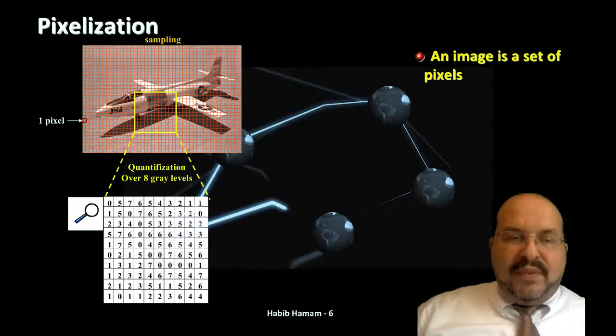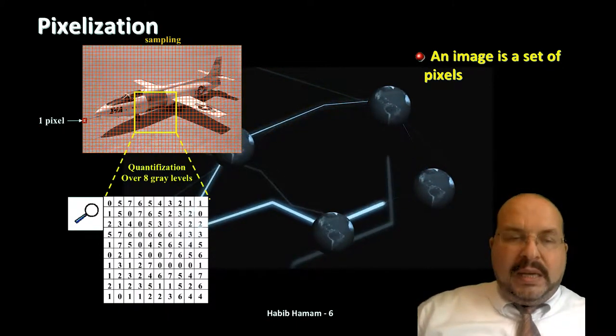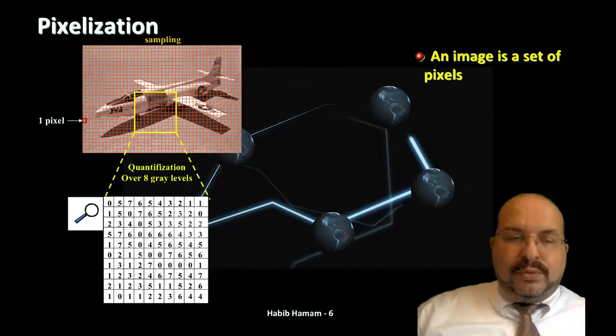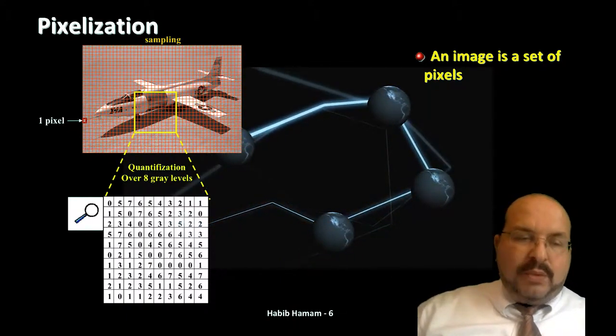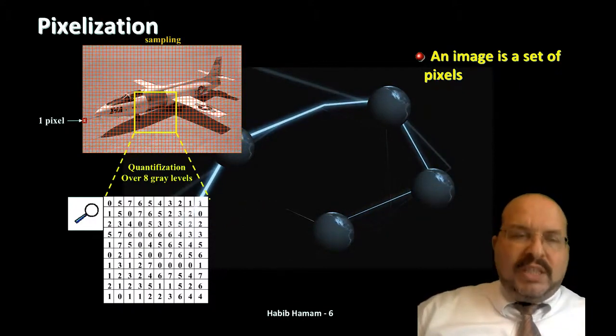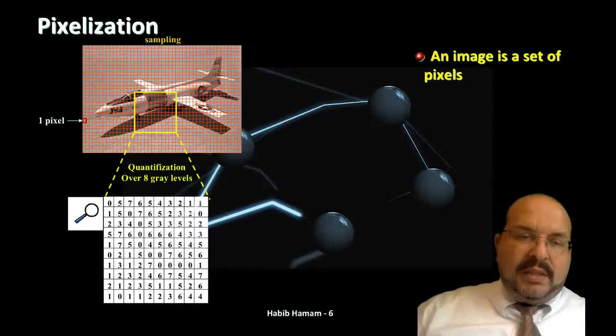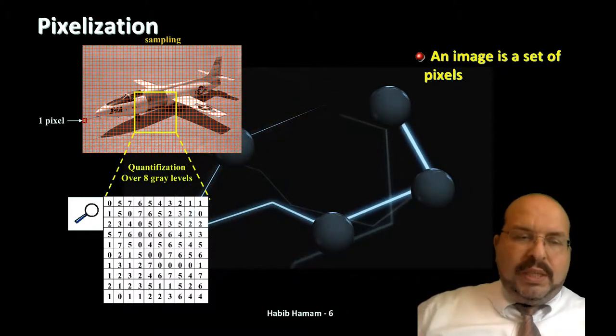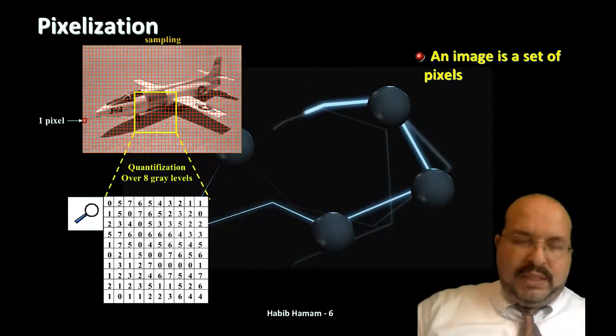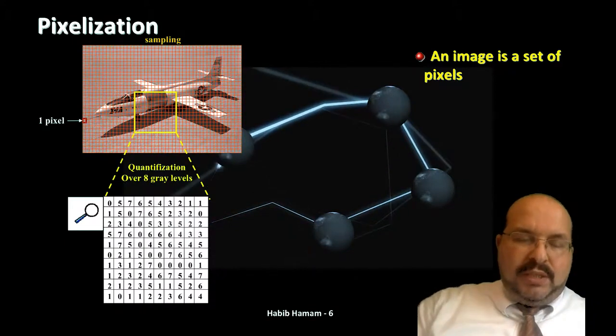To simplify the issue, I limited myself to only 8 gray levels, meaning from 0 to 7. So what is white for me is 7, what is dark is 0, what is in between is 1 to 6. So we have values here.